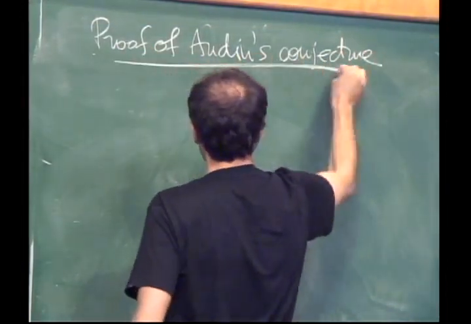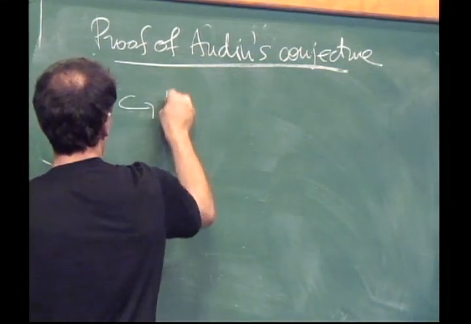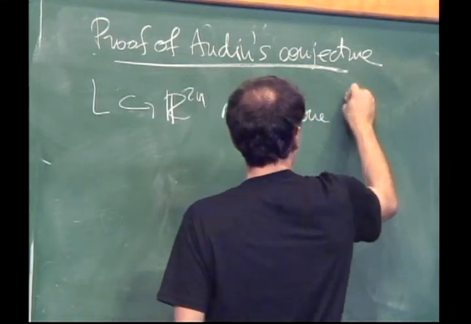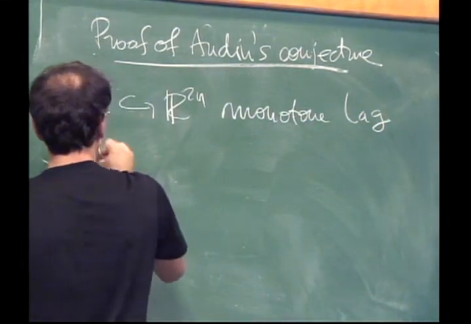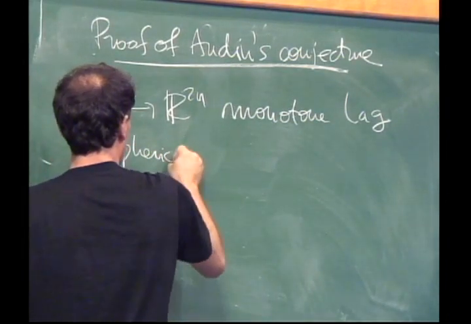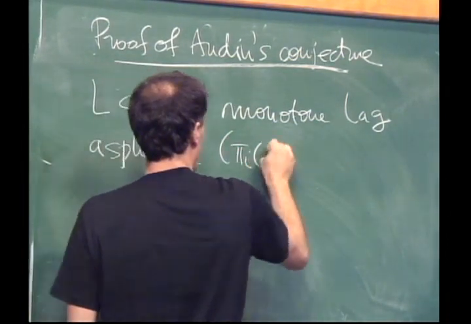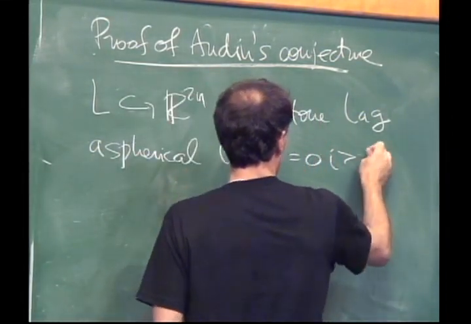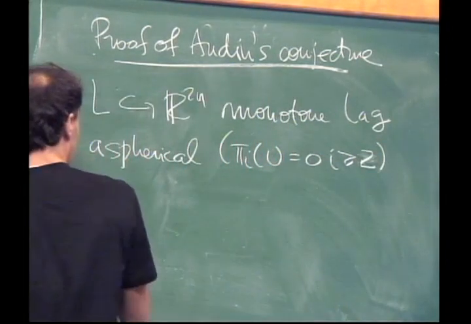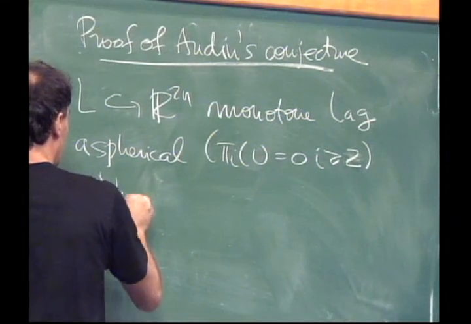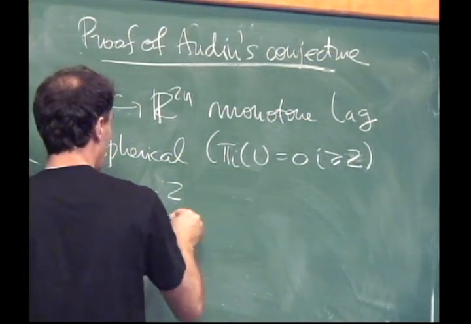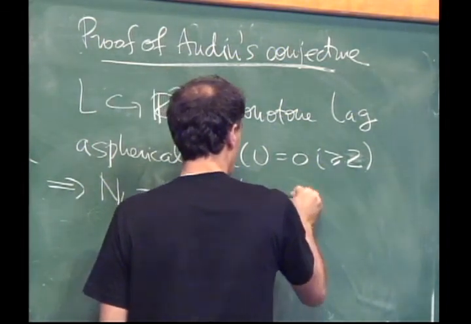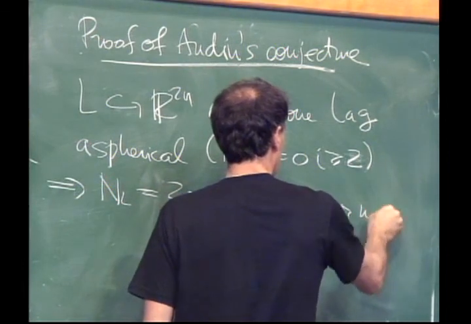Now, the Audin conjecture was the following: if L in R^N is monotone Lagrangian aspherical, which means that pi_i of L is 0 for i greater than 1, then the Maslov number is 2 or 1, depending on whether L is orientable or not.